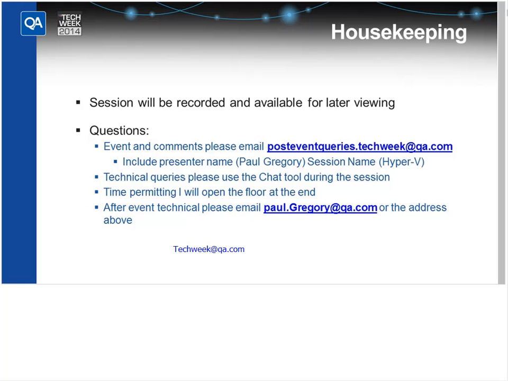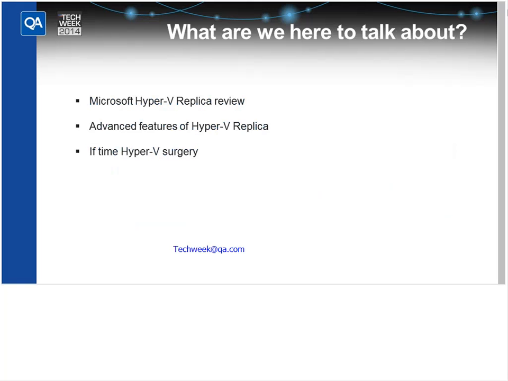So in terms of what we're going to talk about, we're really going to look at some of the more advanced features of Hyper-V Replica. Hyper-V Replica has now been about for a couple of years, but there were some new features introduced in R2, and I just really want to talk about those new features. So we will have a quick review of what Hyper-V Replica is, but the idea is to try and focus on the new features themselves.